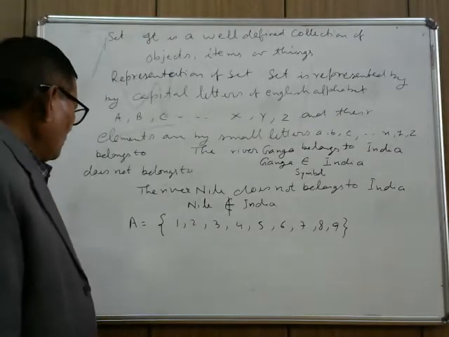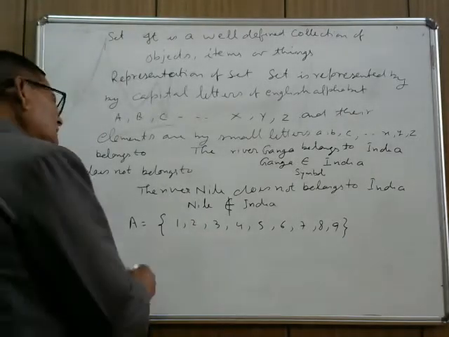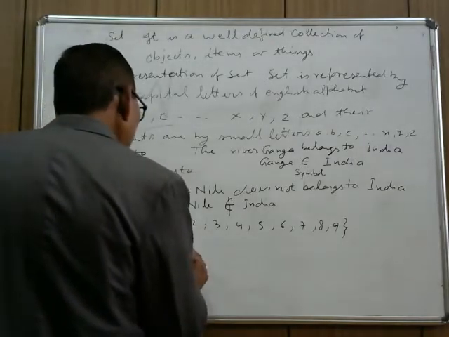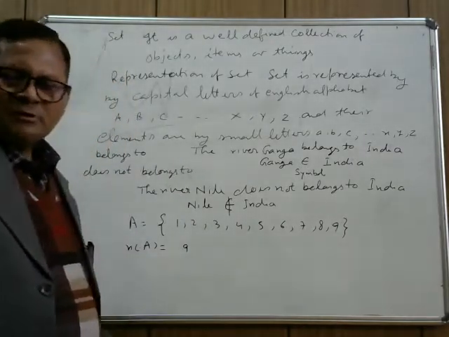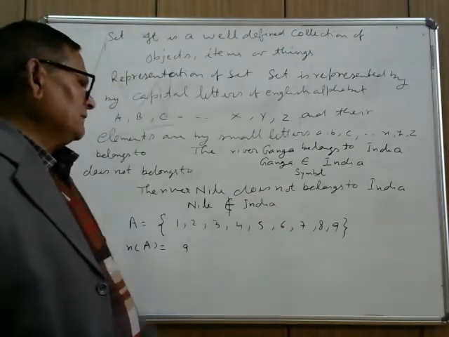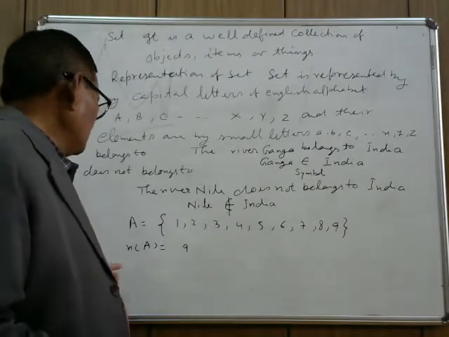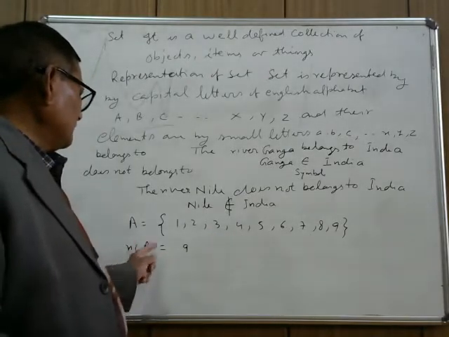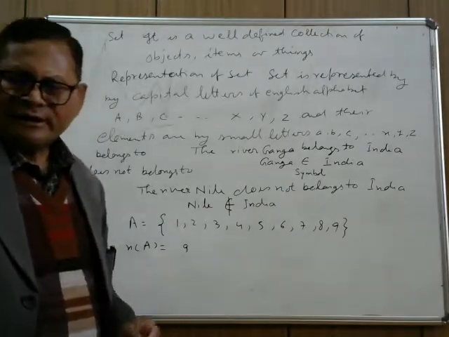If you want to find the number of elements in this set, you count the number of elements present in it. The number of elements in A is denoted by n(A), and you must write n(A) equal to 9.